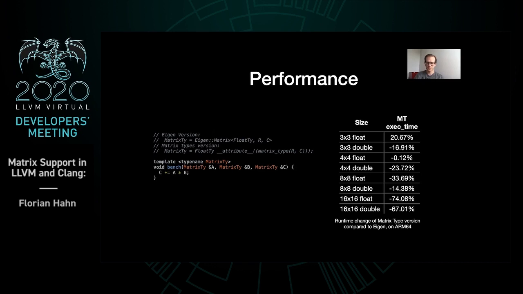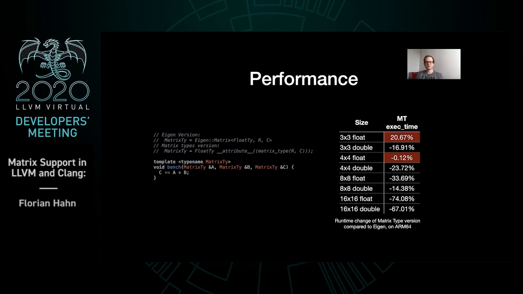Let's take a look at some of those numbers. So first, we can see some regression, and the case where we perform roughly equal to Eigen. So there's definitely still potential to tune some of the codegen for the matrix types extension.